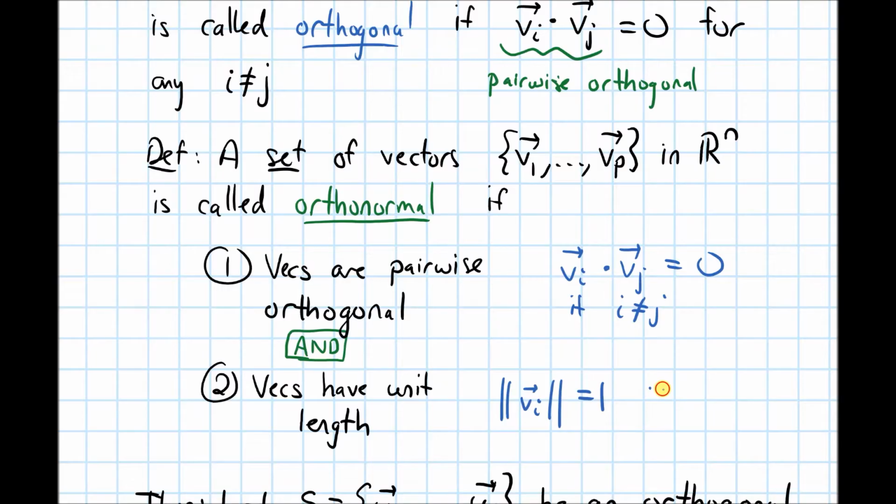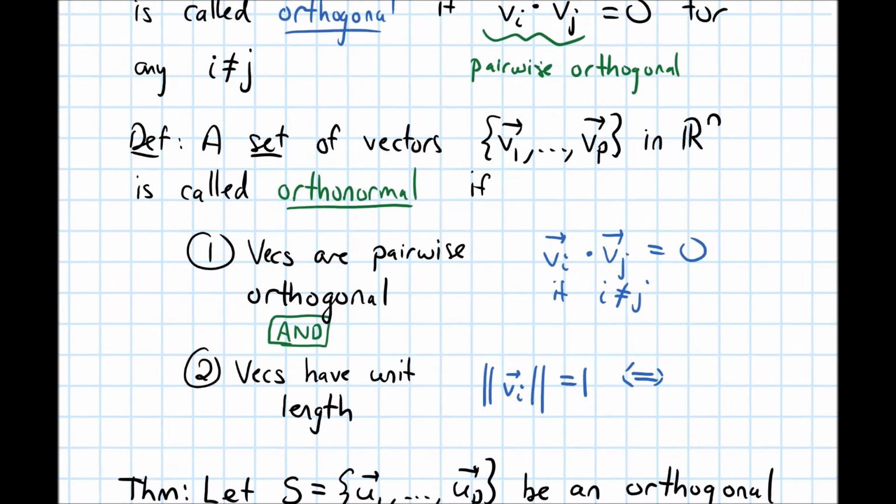And I can rewrite this in terms of the inner product or the dot product by saying that vi dotted with itself needs to be equal to 1, because remember that vi dotted with vi is the length of vi squared.